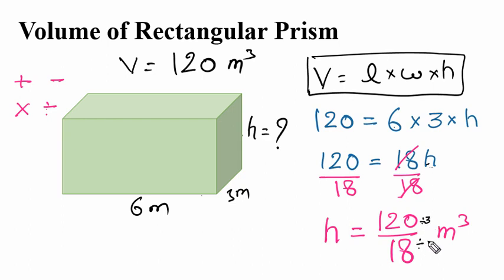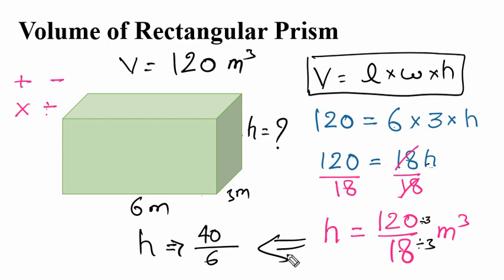If I divide both numerator and denominator by 3, then the height is equal to 40 over 6. 120 divided by 3 is 40, and 18 divided by 3 gives you 6.